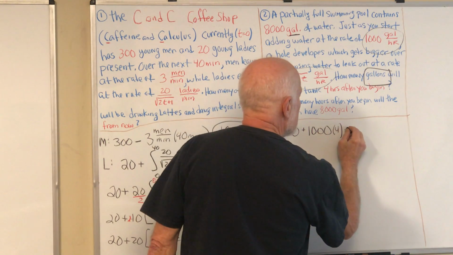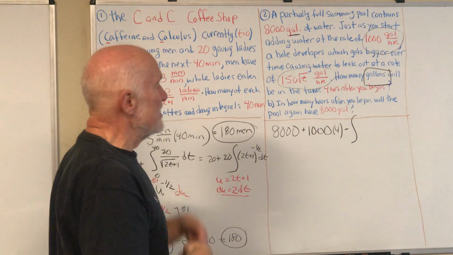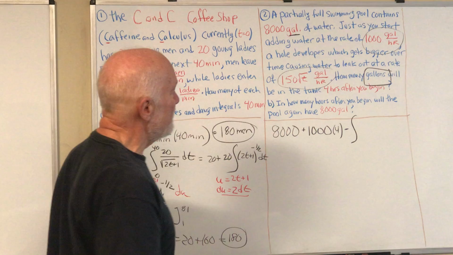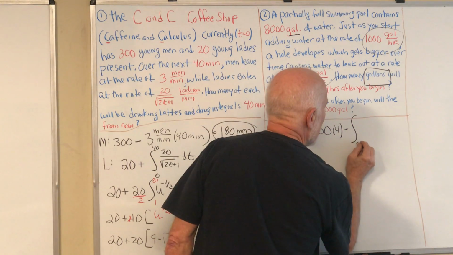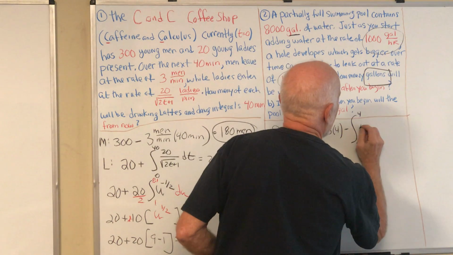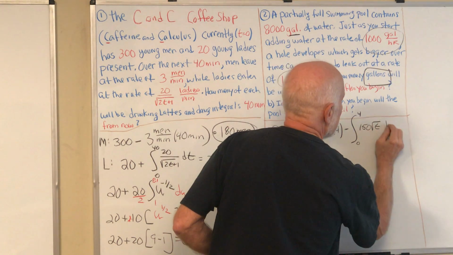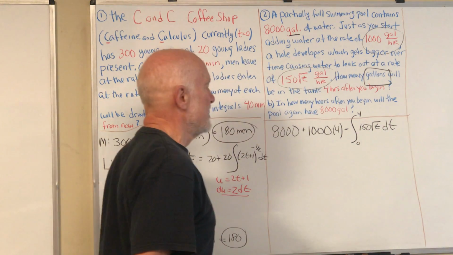But then I have to subtract, and I'm going to do this multiplication with a definite integral from times 0 to time 4, the gallons per hour, 150 times the square root of t times the number of hours.